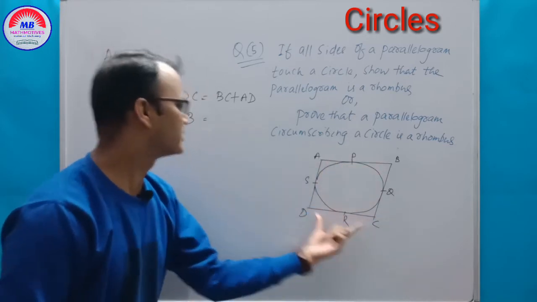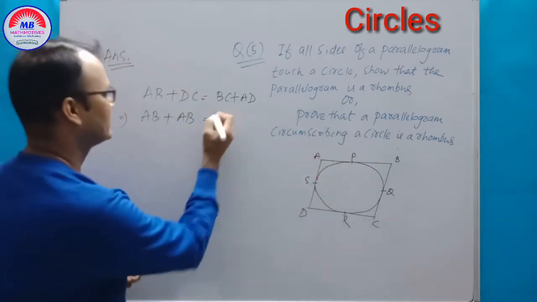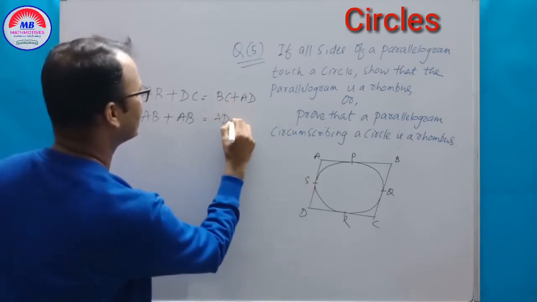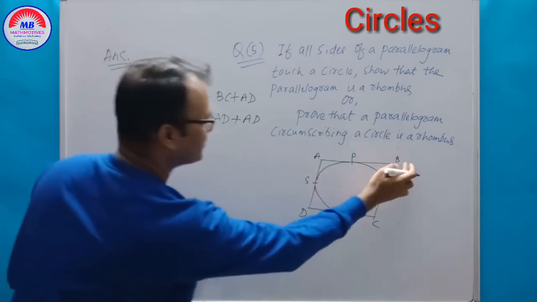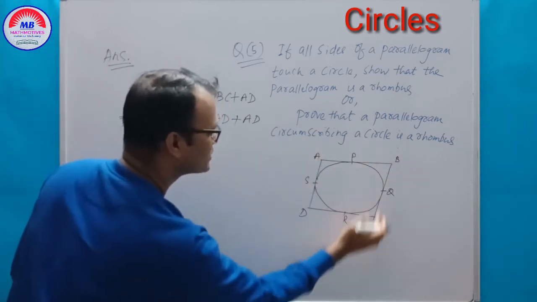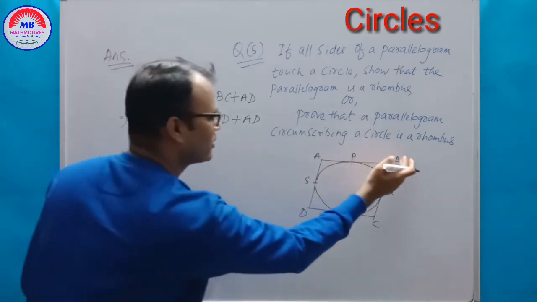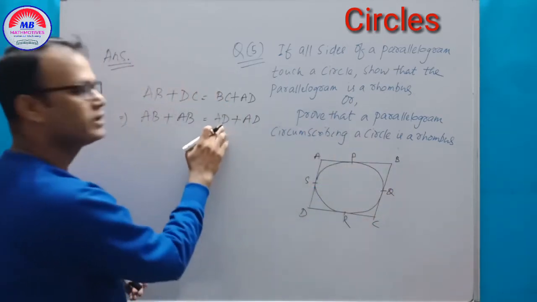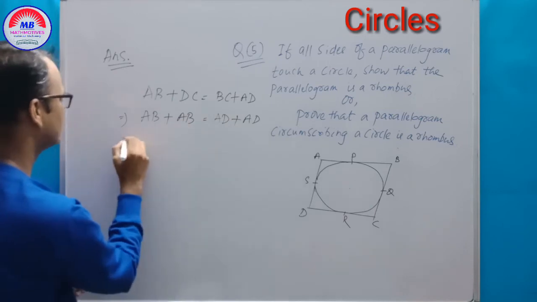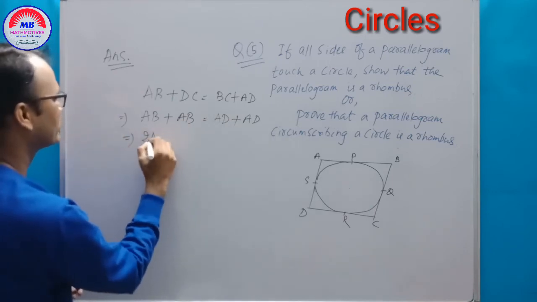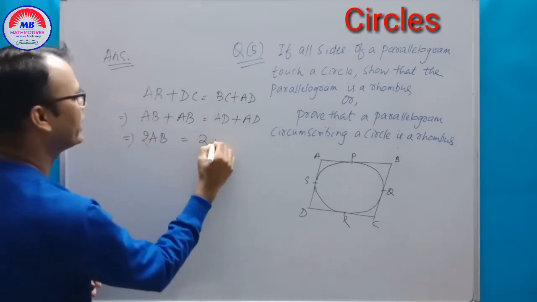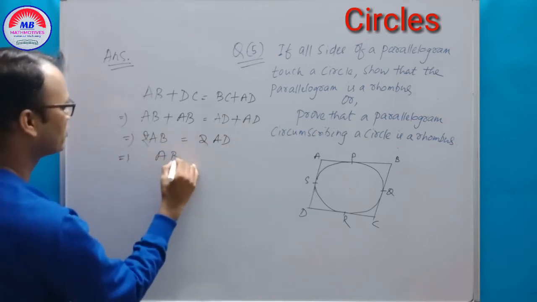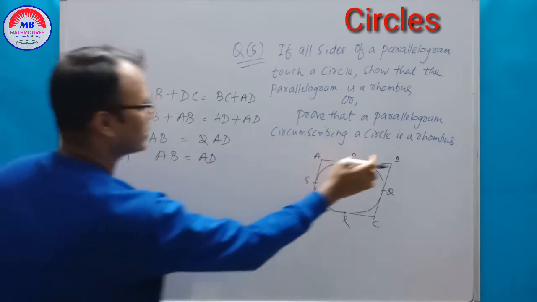On that side, in place of BC, we can put AD, because BC is equal to AD, opposite sides of a parallelogram being equal. So AD plus AD. Now you see, 2AB is equal to 2AD. That implies, cancelling 2, AB equal to AD.